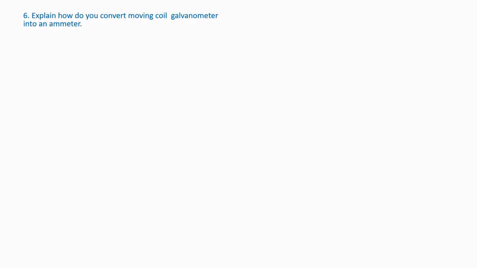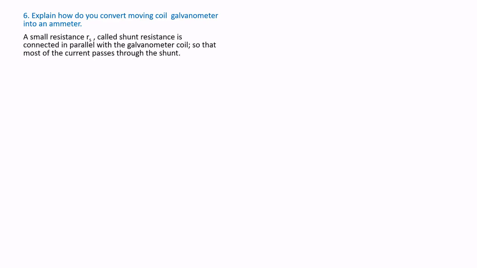Explain how do you convert the moving coil galvanometer into an ammeter. Answer: A small resistance Rs called shunt resistance is connected in parallel with the galvanometer so that most of the current passes through the shunt.